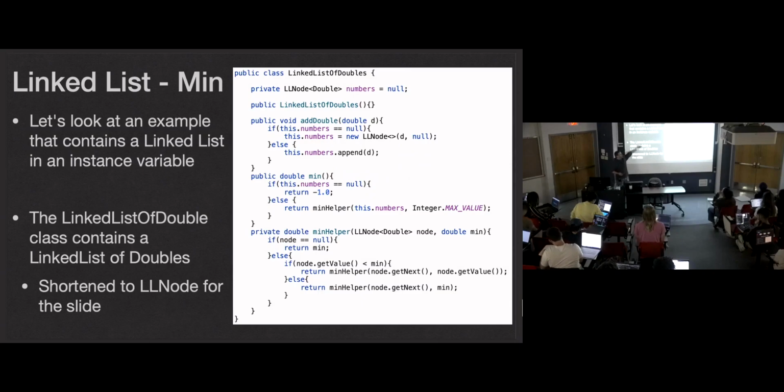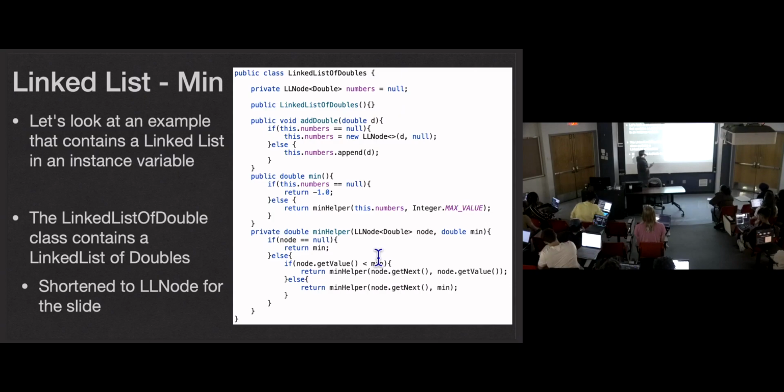This code is meant to mirror your homework, what you're supposed to do in the song class with a linked list node of ratings. For what it's worth, I'm abbreviating linked list node to LL node. This line was getting way too long and crowded out my words, and I had to make the font really small, so I abbreviated it for the slide.